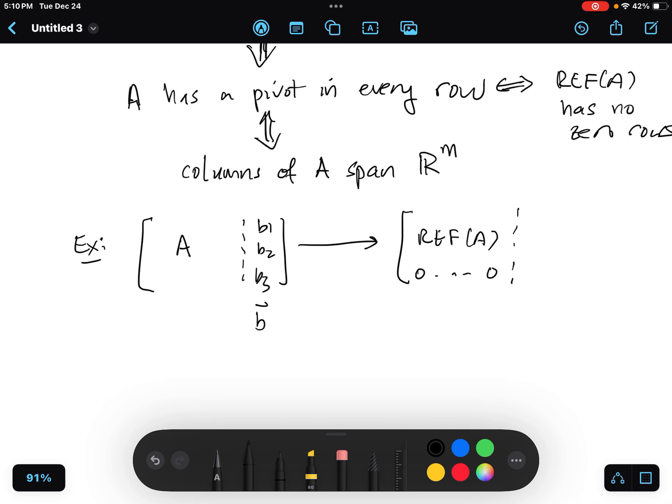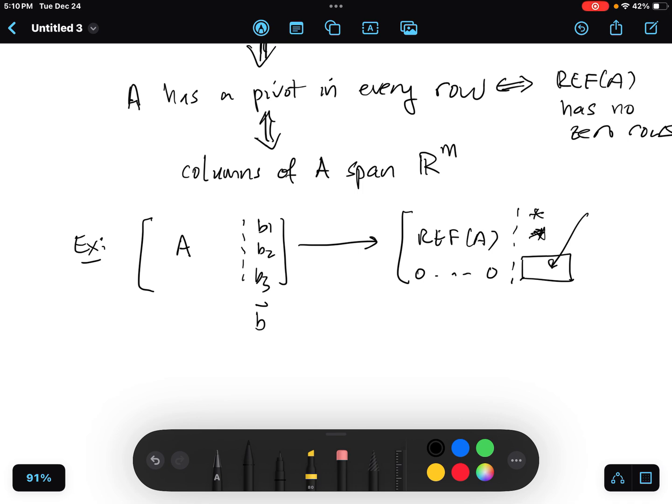Well, when you row reduce the augmented matrix, this vector B is going to turn into some other vector. And so you're going to get something here, you're going to get something here, and then this number here is going to be in terms of the Bi's. It's going to be something in terms of B1 and B2 and B3.